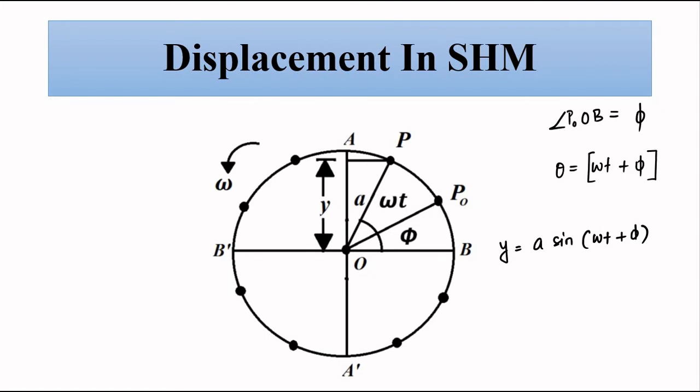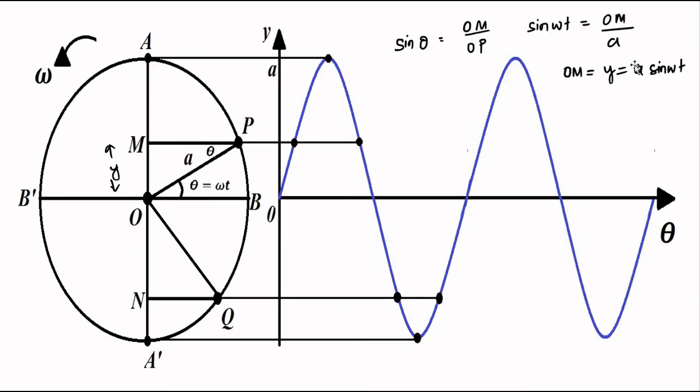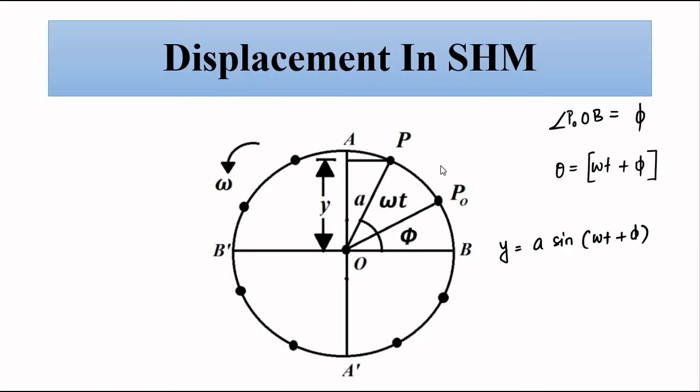The general displacement equation is y = A sin ωt, but this takes into account that the particle starts from B. In case the initial position is somewhere other than B, let's say in the first, second, third or fourth quadrant, wherever it is, it will cause a modification in the displacement equation.